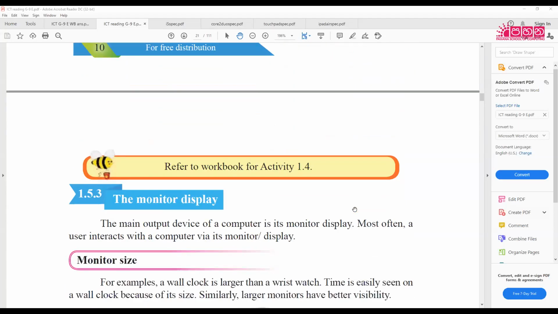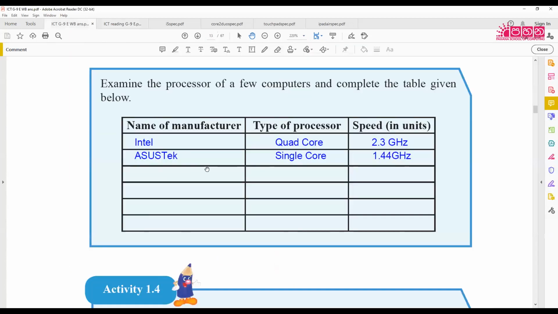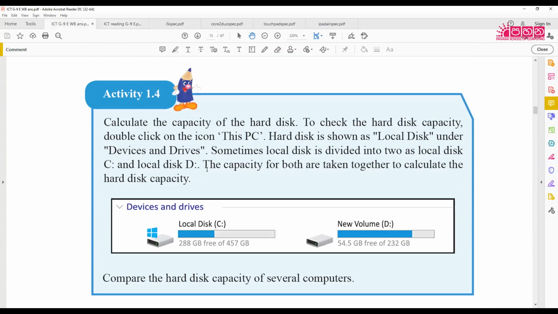Right. So let's move on to the next one then. Let me share my screen again. So that's about the hard disk space, right? So let's go to the workbook 1.4. So this is the 1.4 activity.